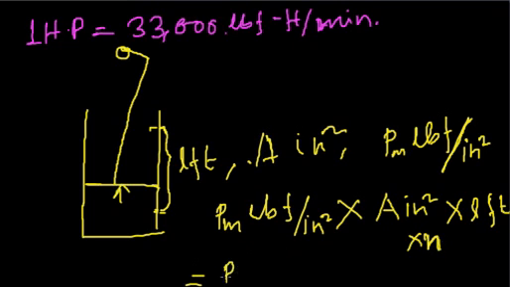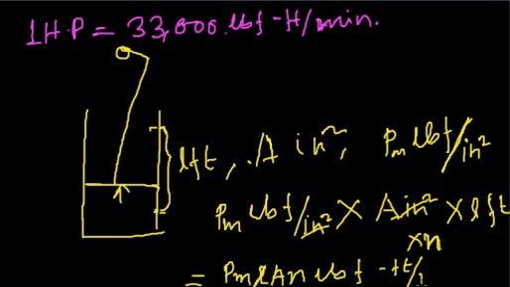So how much? pm L A into n. Inch square is gone. So pound force foot per minute, because n will be per minute, isn't it? This will be the power of the engine.